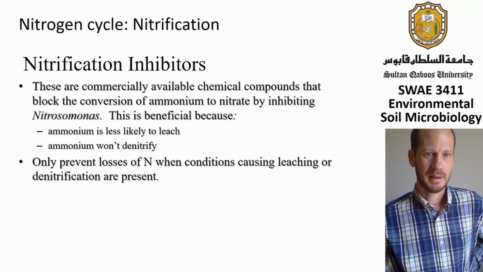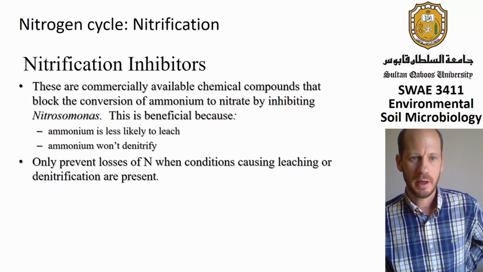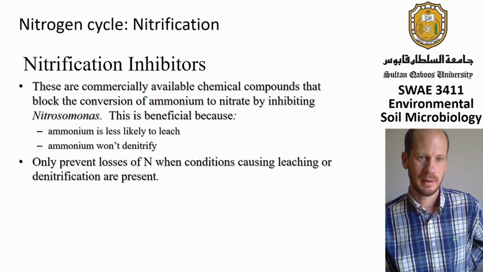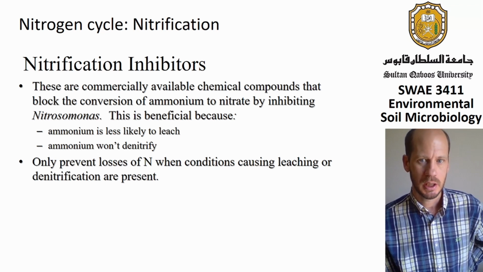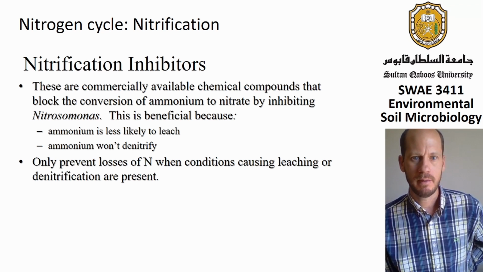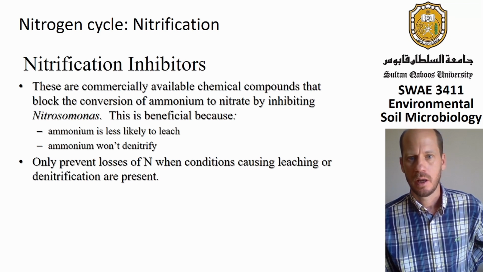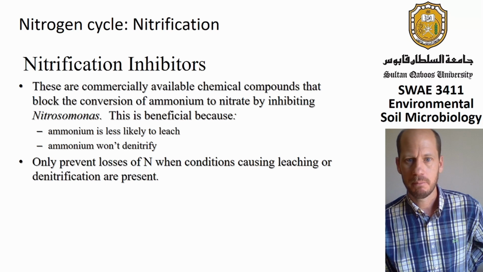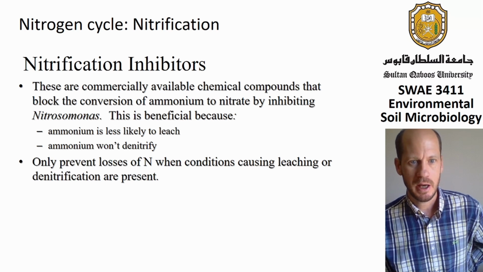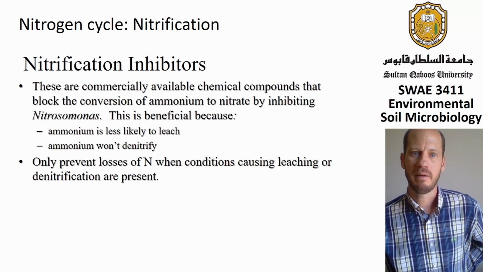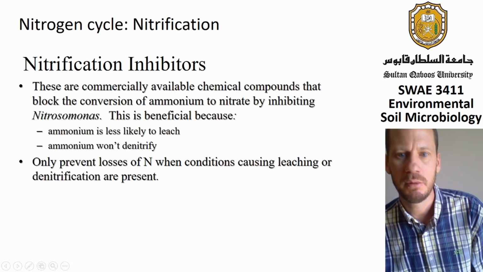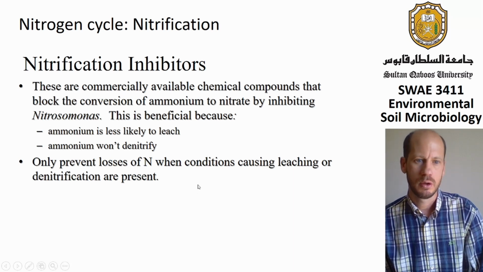We also have nitrification inhibitors. In some soils, nitrate leaching and denitrification are the main forms in which nitrogen is lost from the soils. So if you can avoid the ammonium becoming nitrite and nitrate, you can have a higher efficiency of fertilizers. So the use of nitrification inhibitors is also used in those conditions.